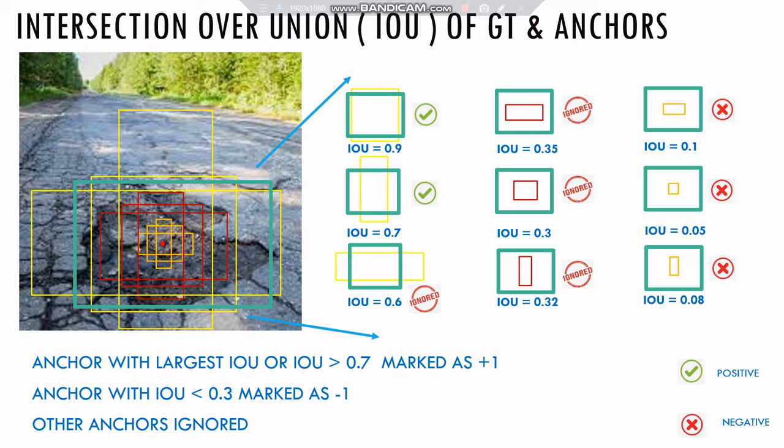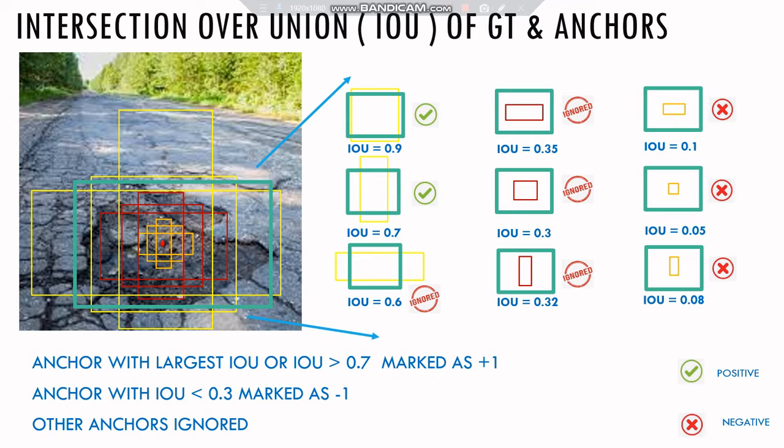So let's look at the first figure here, which we have taken in reference to the square anchor box and the yellow one. If you look at it, the ratio is around 0.9 here. You can see that most of the area between the ground truth and the anchor box is intersecting.